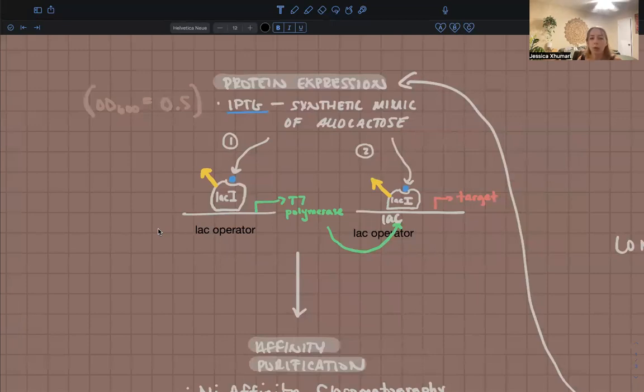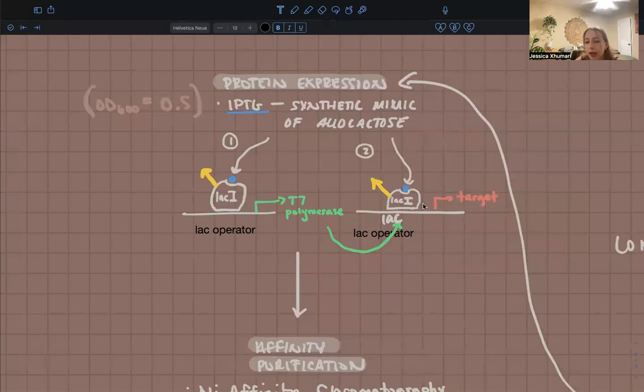So we have IPTG, which we add when the OD is 0.5, when it's in exponential phase. We had our IPTG in blue here. That tells our LAC-I it's time to go. And then the T7 polymerase can be transcribed and translated. We have T7 polymerase now. That's going to go ahead and read our target gene.